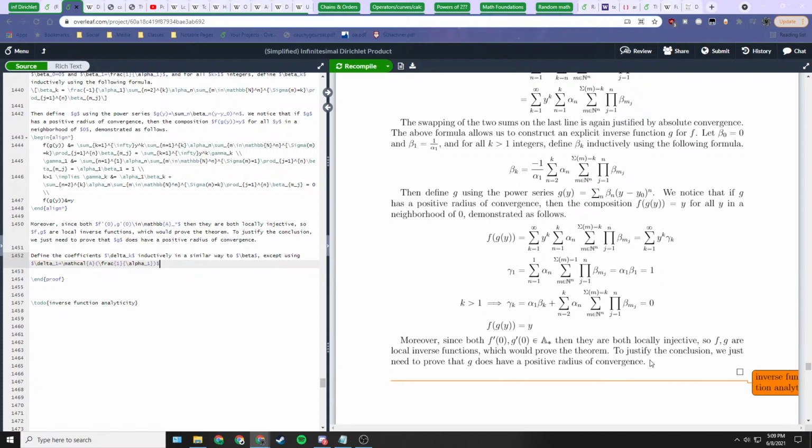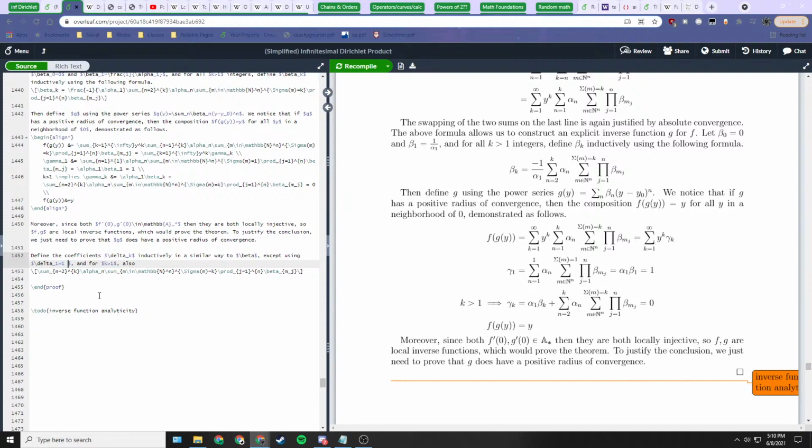Okay, and we'll have for k greater than 1 also, so we can use the exact same definition, but we're just going to use the absolute value. Actually, let's do it this way.